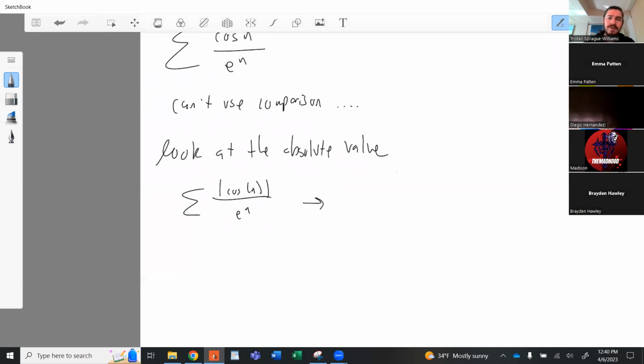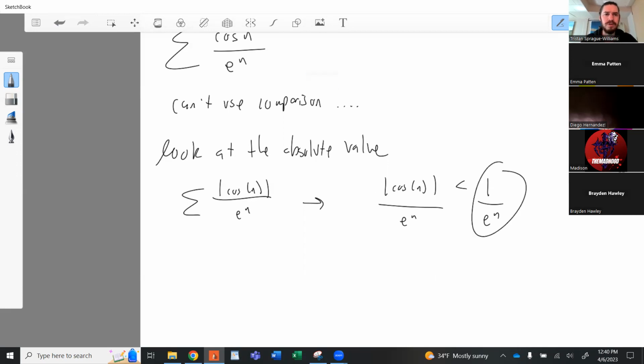So if we take that cosine of n, whatever that is, it's going to be less than 1. If I divide both of these sides by e to the n, I still have the same inequality. That's valid. So the sequence terms are less than those of 1 over e to the n. What does 1 over e to the n do as a series? Converge or diverge?